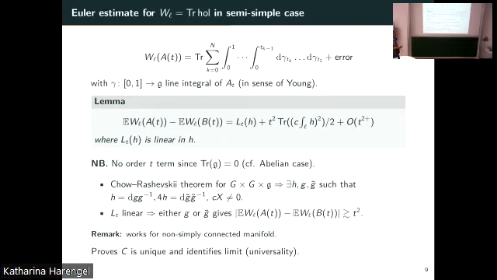Here you have to leverage the fact that you're in a semi-simple case, and what that means is that you can equip products of the structure group G with the Lie algebra, with a sub-Riemannian structure. A very special property of semi-simple Lie algebras is that any element can be represented as a bracket of two other elements. You can see that this is like a Hörmander condition for vector fields.